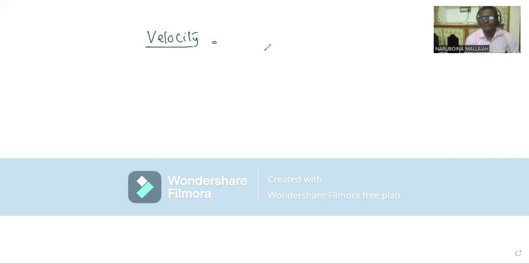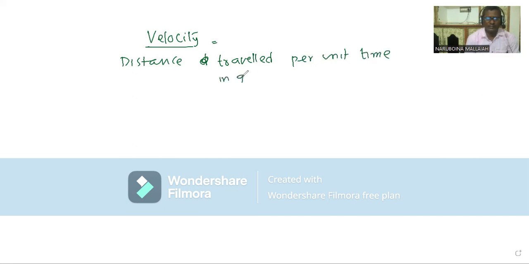Velocity is defined as distance traveled by a body per unit time in a given direction. So direction is important.